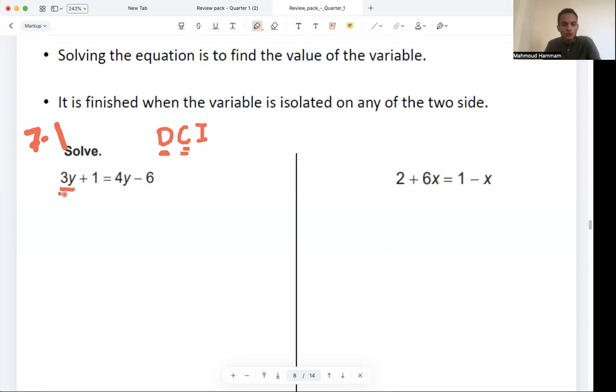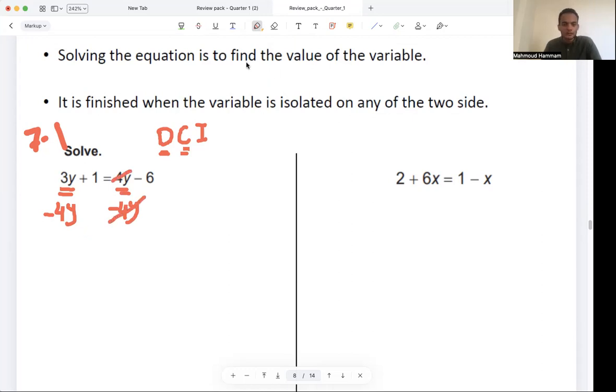Where are the like terms? 3y and 4y. These are the like terms. So we want to combine them together. What will happen? Minus 4y left-hand side, minus 4y right-hand side. And then the 4y will cancel with 4y.